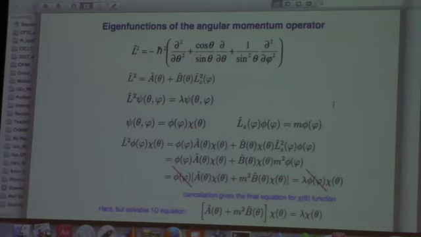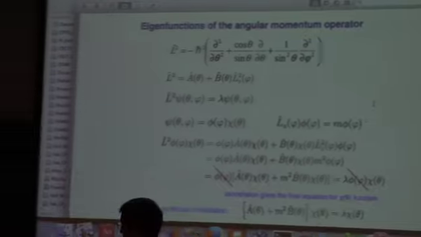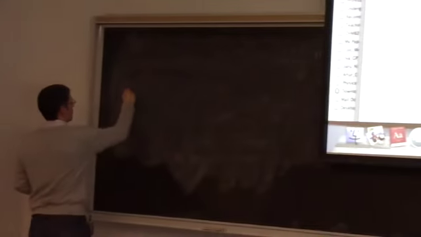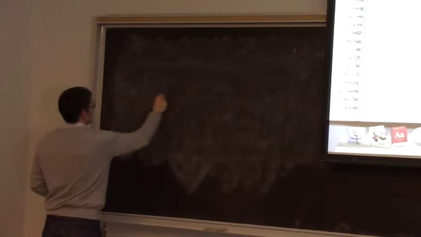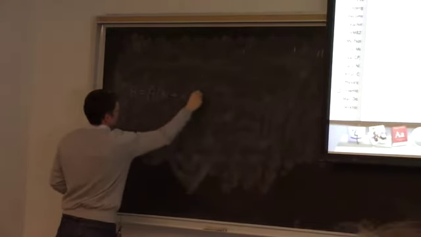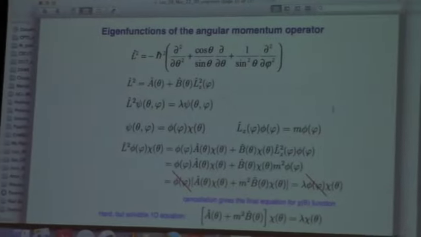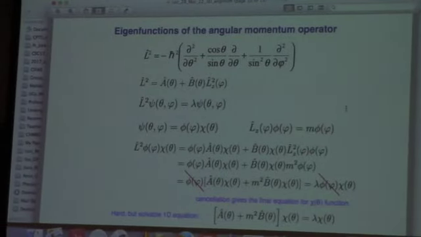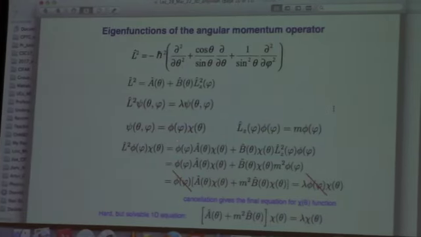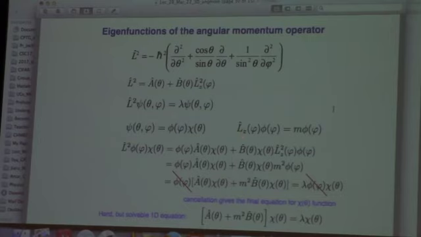Well, the secret here is, although this part doesn't commute with that part, and it seems like it's not a separable problem, a separable Hamiltonian would be A theta plus C of phi, right? So that would be simple. But it turns out that having a form like this is also easy, because we can write this product form, and one function is fixed to be an eigenfunction of Lz.